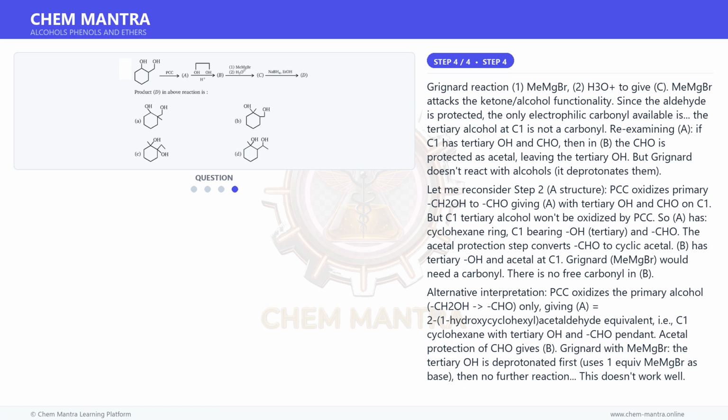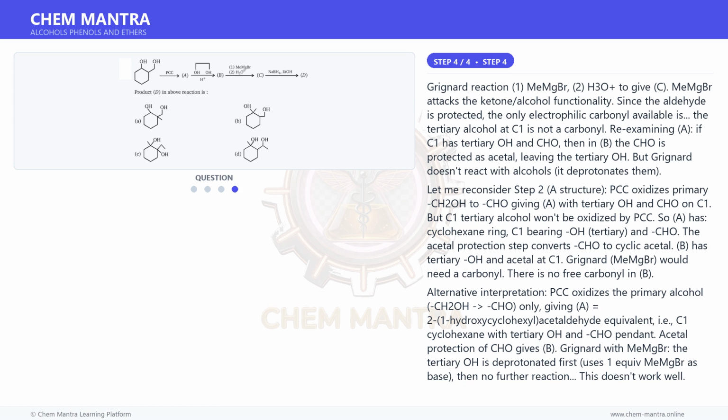Option B versus our structure: if the CH2OH is on C1 in B but on C2 in our product, they differ. Looking again at the starting material, the structure clearly shows both OH and CH2OH on the same ring carbon, C1. This is a neopentyl-type arrangement. So C1 is indeed quaternary, a tertiary alcohol. Given the answer is B, it shows OH and CH3 on the same ring carbon, C1 quaternary, with CH2OH also shown, most likely on C1 as well.